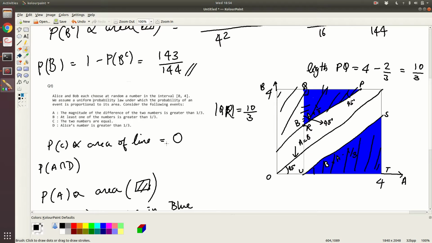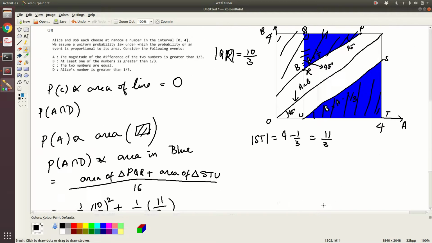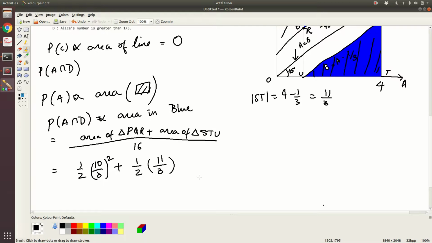When it is 4 minus 2 by 3, it is 10 by 3, but 4 minus 1 by 3, which is the length of ST, is 11 by 3. All right, so the other area is this one. This whole thing we have to divide by 16, or multiply by 1 over 16.